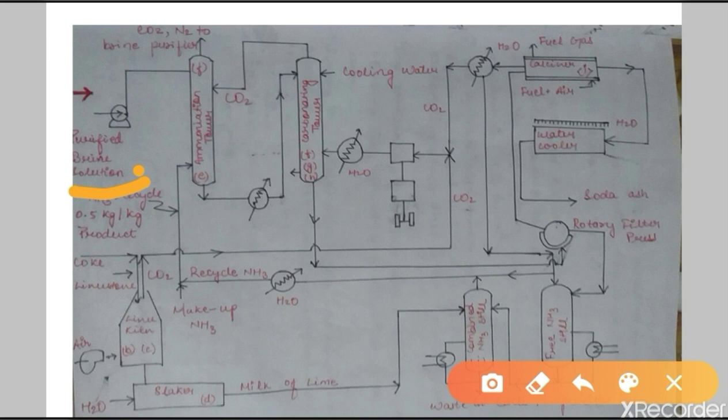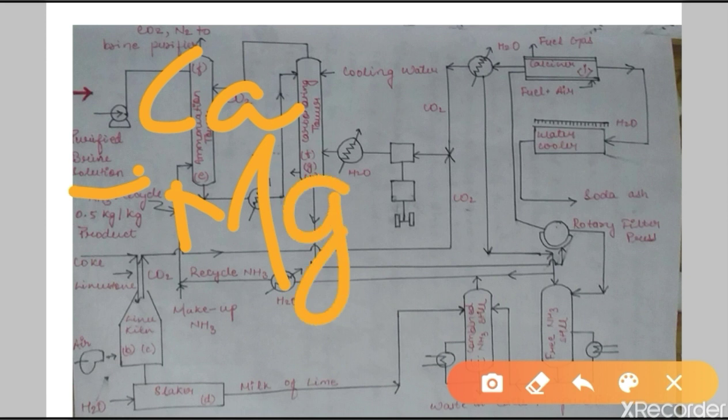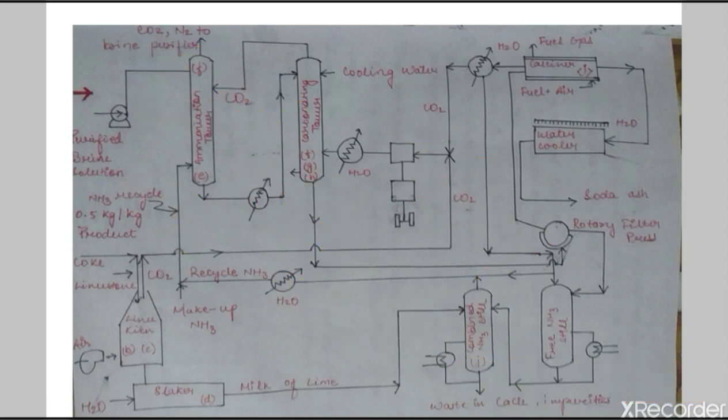Purification is required so as to eliminate elements like calcium, magnesium, iron, and they are reacted with the help of NH3 and carbon dioxide, and then they are eliminated as a precipitate and removed as a sludge. And then we have the purified brine solution which is pumped into the ammoniation tower.